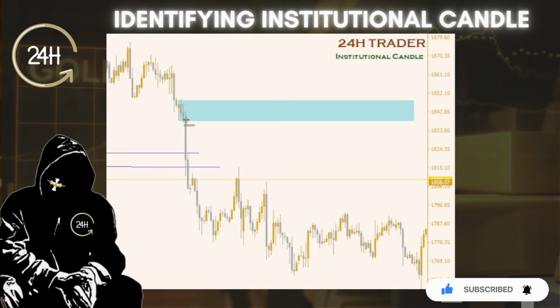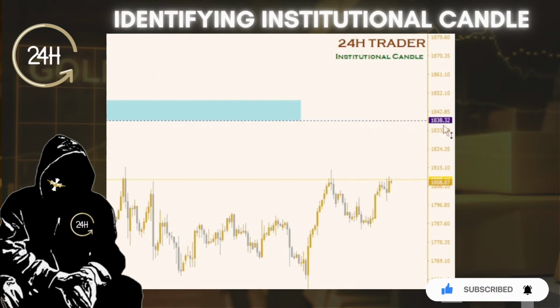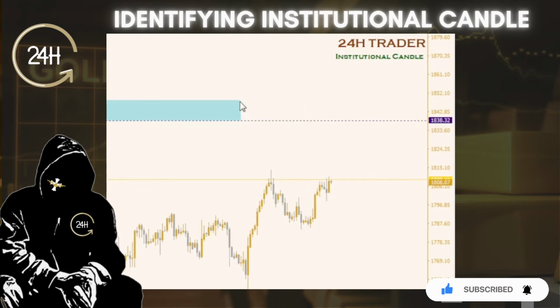This structure is broken, and also this one. So this area has been broken by this strong bearish move below. If you can see, this area hasn't been picked.